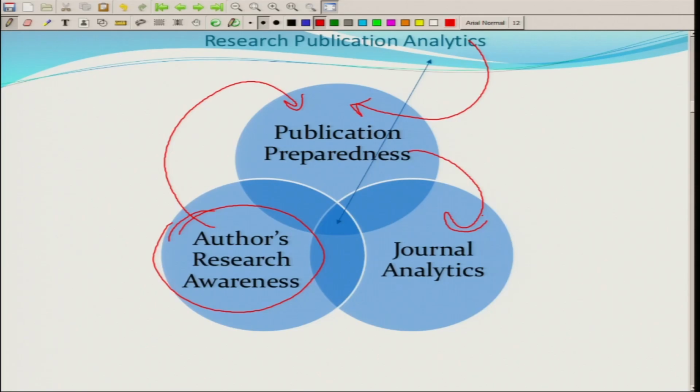So that is the point we have to understand, that research publication analytics these days are very demanding, and an author or a fresh researcher has to be trained fully in that, not just to ensure the quality of publication, but to ensure that the publication follows standard guidelines and that he or she is targeting a standard publication, which will result in a good quality publication. That's why research publication analytics is very important these days.